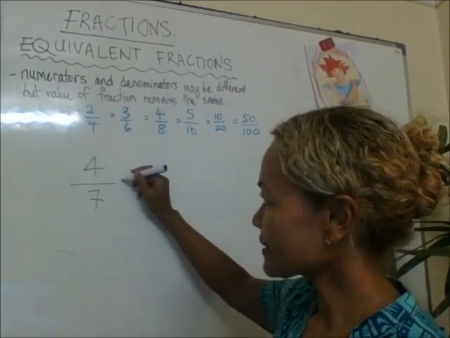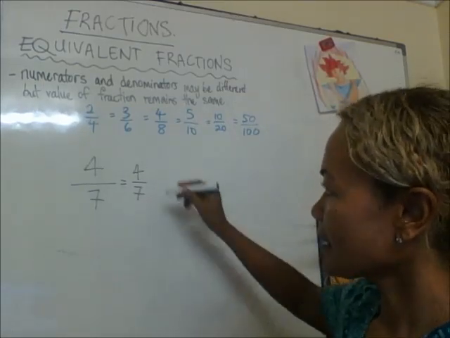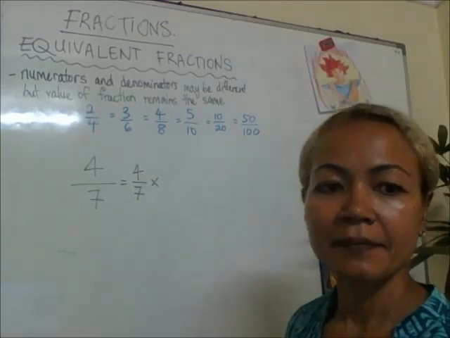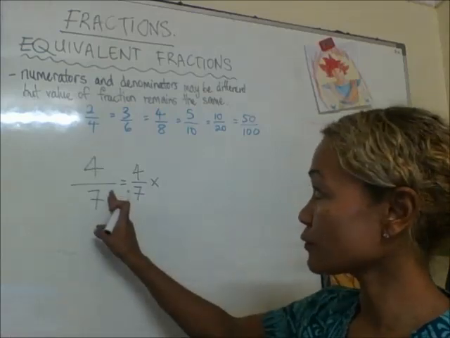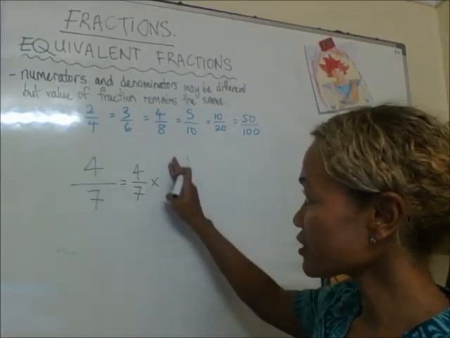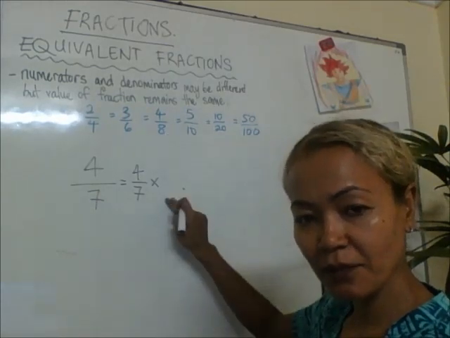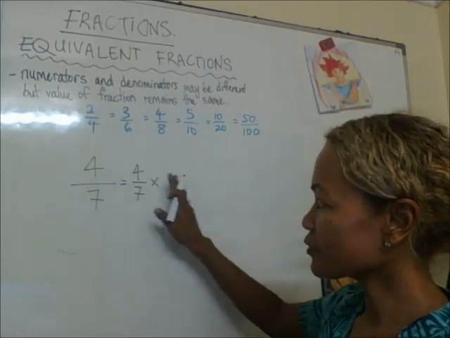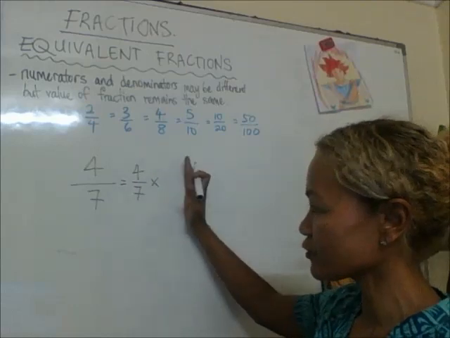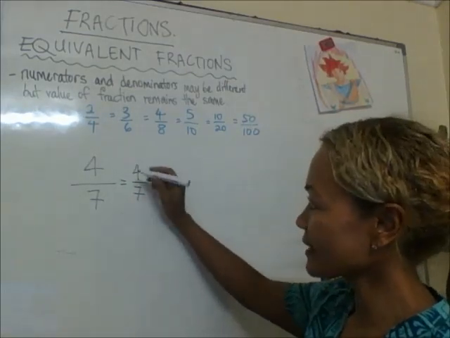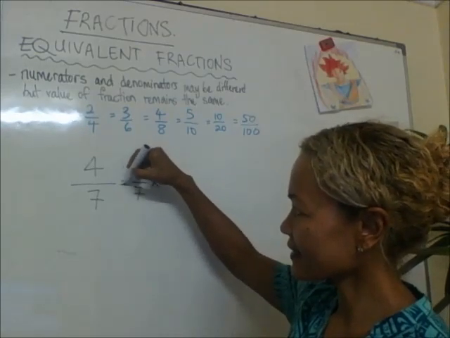If I multiply that by 1, it still will be equal to 4 over 7. So whatever fraction I put here, as long as it's 1, same number on the top, same number on the bottom, then this equation will still be true. That side of equals will still be equivalent in value to this side of the equal sign. Right.